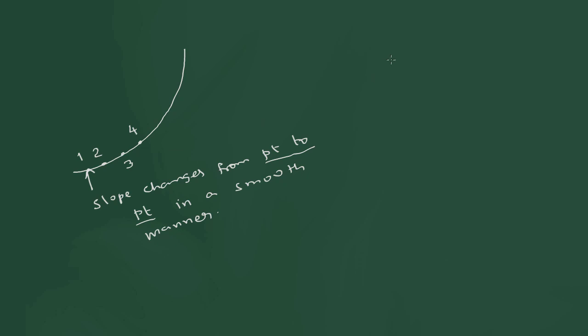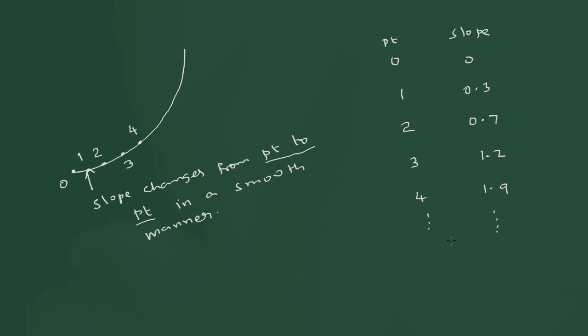At point 0, my slope will be equal to 0. At point 1, slowly it will increase, say 0.3. At point 2, it will increase to 0.7. At point 3, to 1.2. At point 4, to 1.9. So like this, the number increases.